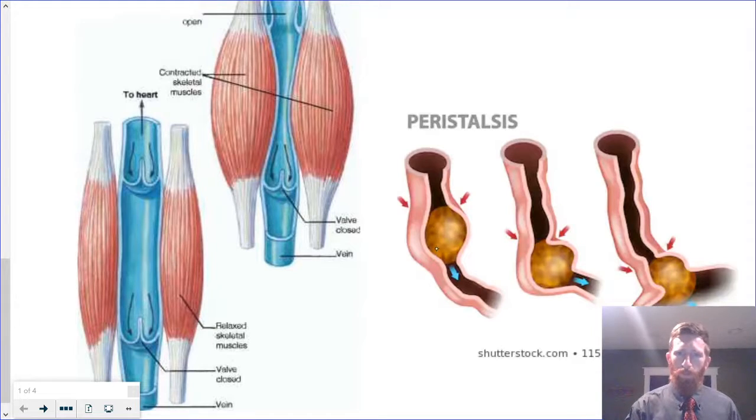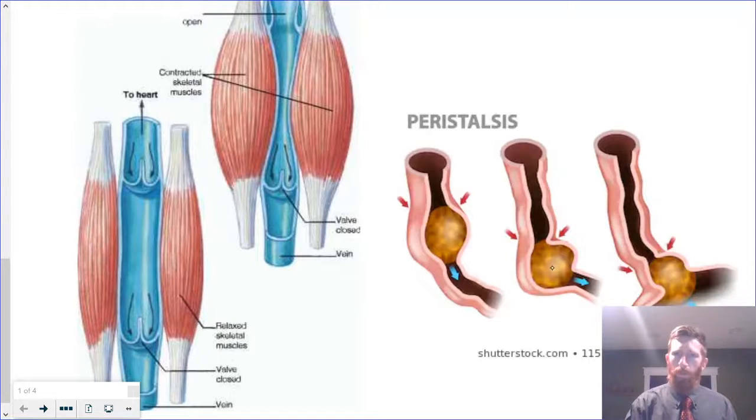If you're trying to move this piece of food or this piece of lymph through, then the smooth muscle behind it is going to contract, and the smooth muscle in front of it is going to relax, and that's going to move it down, and then the stuff that used to be relaxed is now behind the bolus.